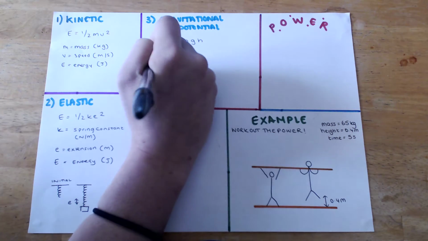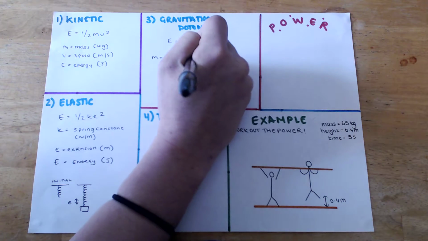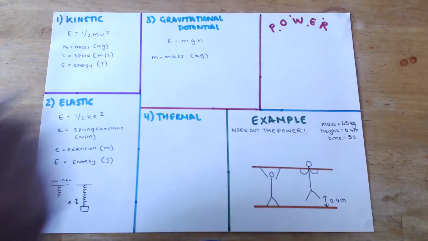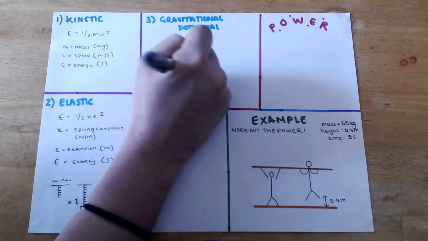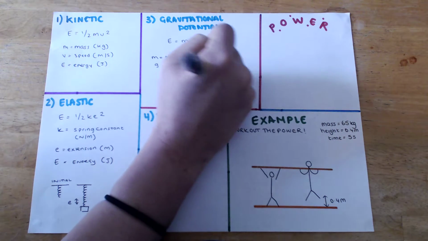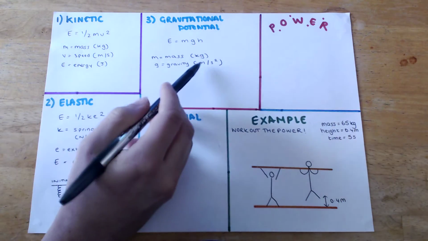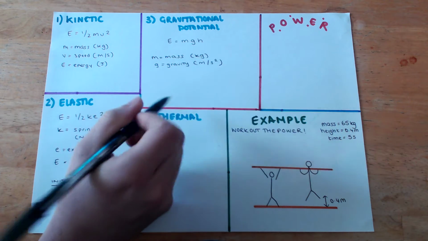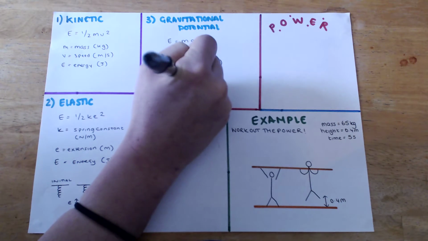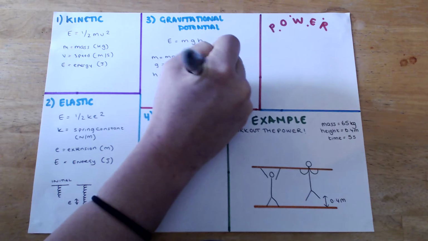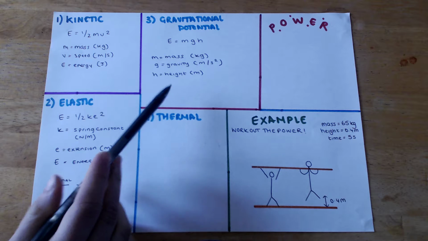So like before, m is equal to the mass, and that's in kilograms, not grams. g is gravity, and that is in units meters per second squared. So it's not meter squared, it's second squared. And h is the height. And again, that's measured in meters, like extension. So it's measured in meters, not centimeters.